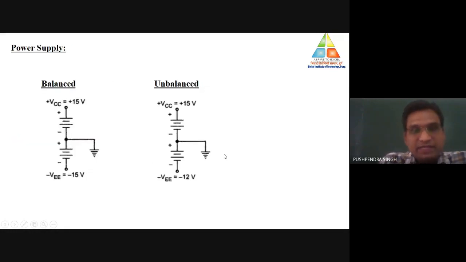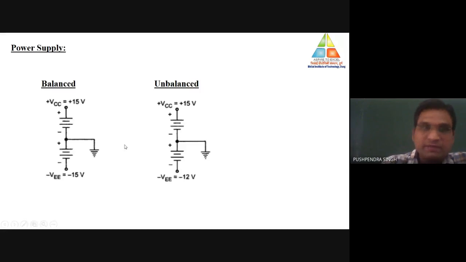Now the power supply. In case of an op-amp, as we know, we can use either a single-ended power supply or a double-sided power supply. In case of an operational amplifier, in general, we use a dual power supply, not a single power supply.